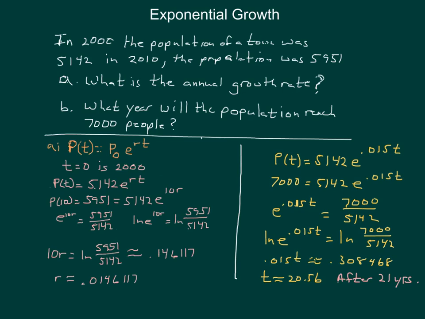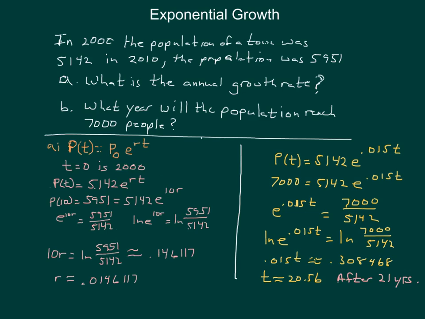And when I put that into the calculator, that comes out to be 0.146117. Solving for r, dividing by 10, I get r equals 0.0146117, or r is about 0.015. So my growth rate r is 0.015, or about 1.5% per year.